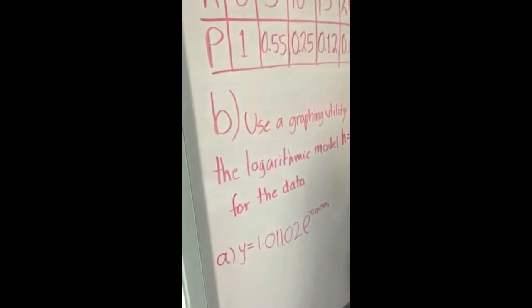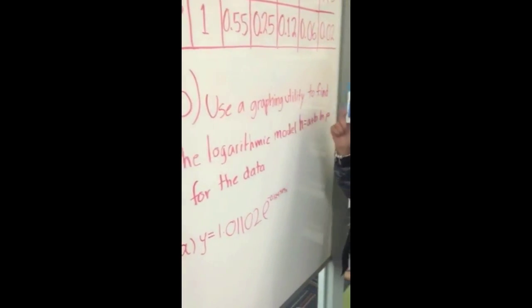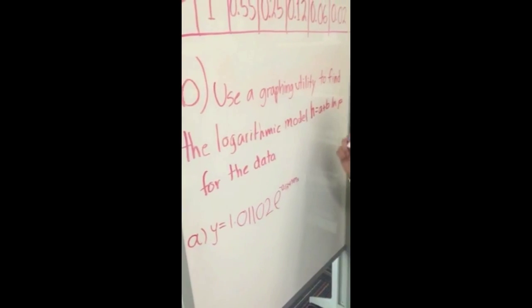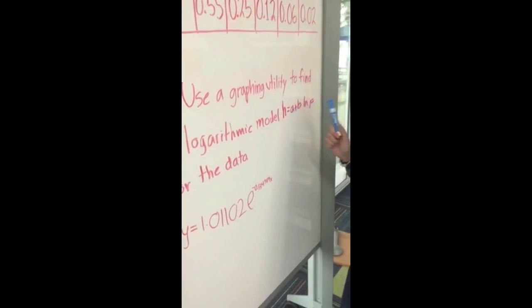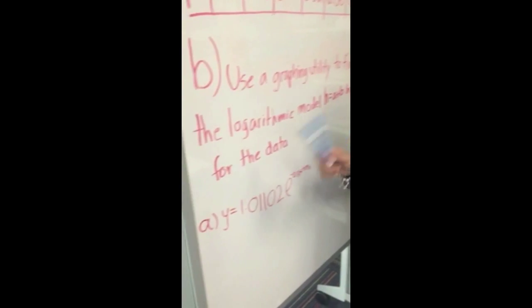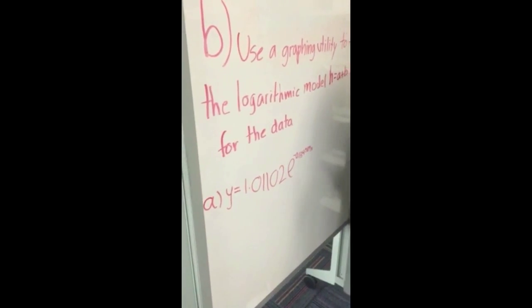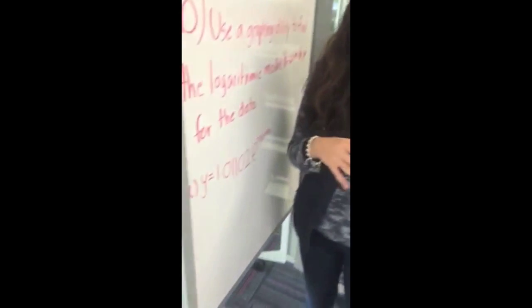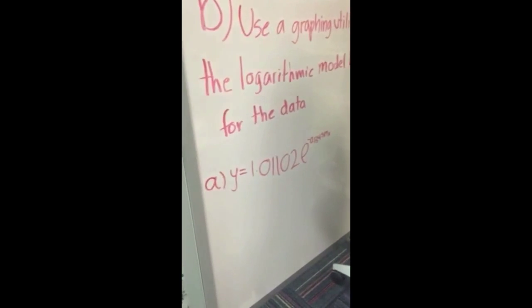Okay, so now in letter B, it says use a graphing utility to find the logarithm model H equals A plus B ln P for the data. So what you need to do here is similar to what you did in the first step.